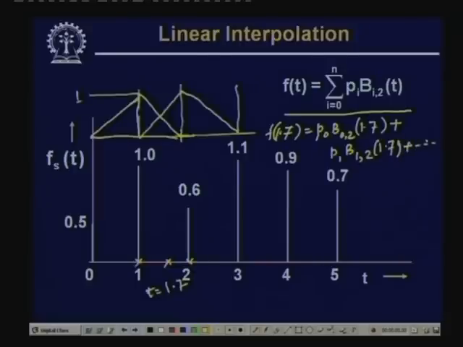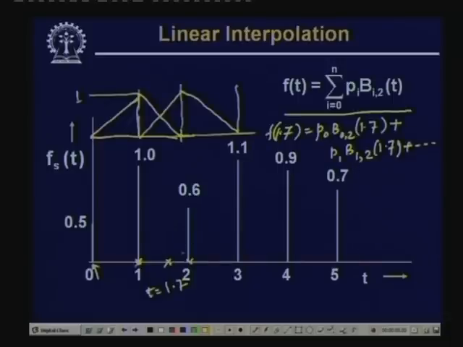Now, here you find that the contribution to this point by this sample value p 0 is given by this interpolation function b 0 to t, and the contribution to this point t equal to 1.7 by this sample f 1 or p 1 is given by b 1 to 1.7.